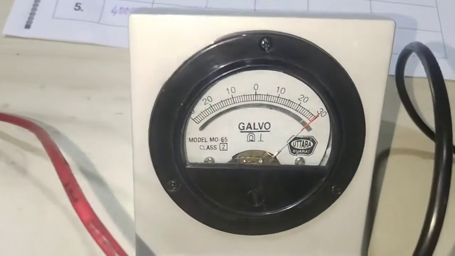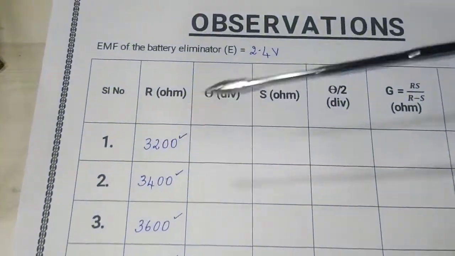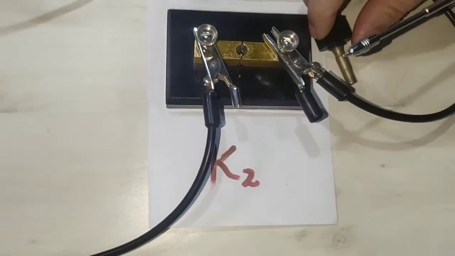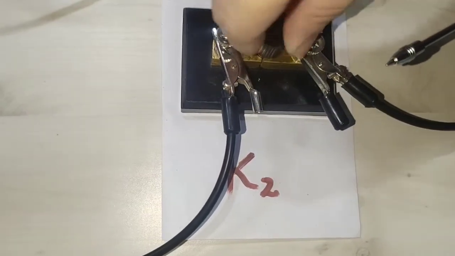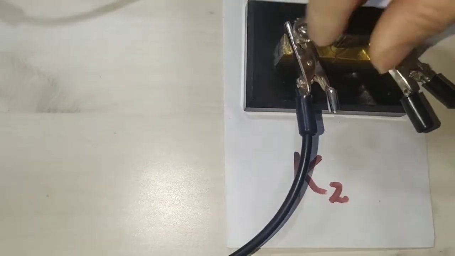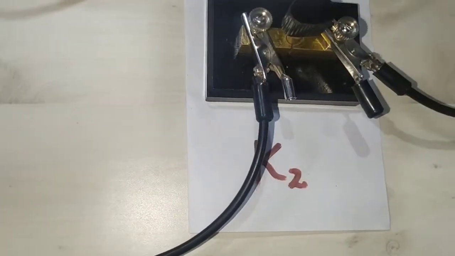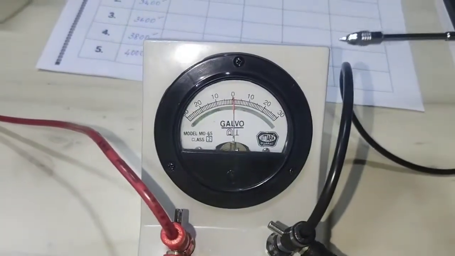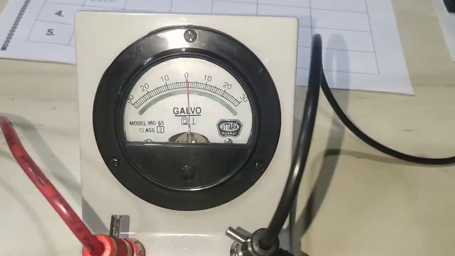So trial 1 part 2, K1 is closed and K2 also is closed. So I close K2, and we need to adjust the galvanometer till you get the deflection theta by 2.